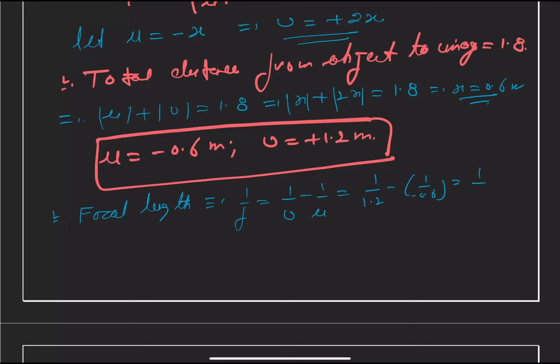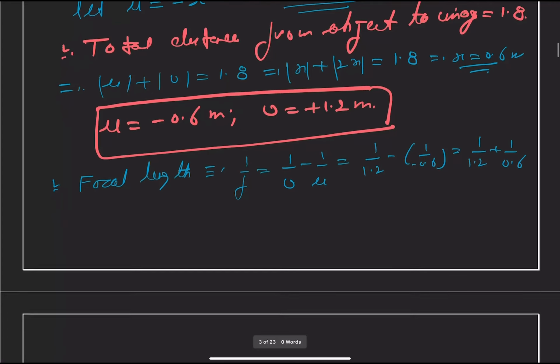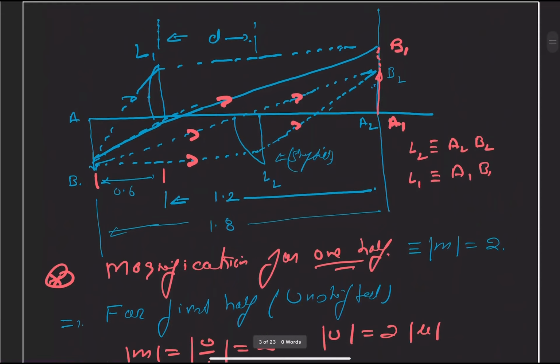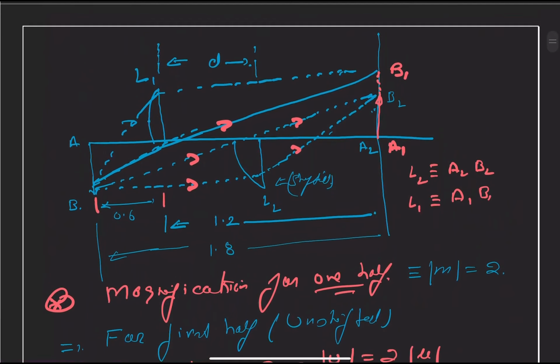This gives us 1 upon 1.2 plus 0.6 and giving us that the focal length will be equal to 0.4 meters, and this is for our L1. So we can also mark our F1, that this will be the focal length, and will be coming as our 0.4.